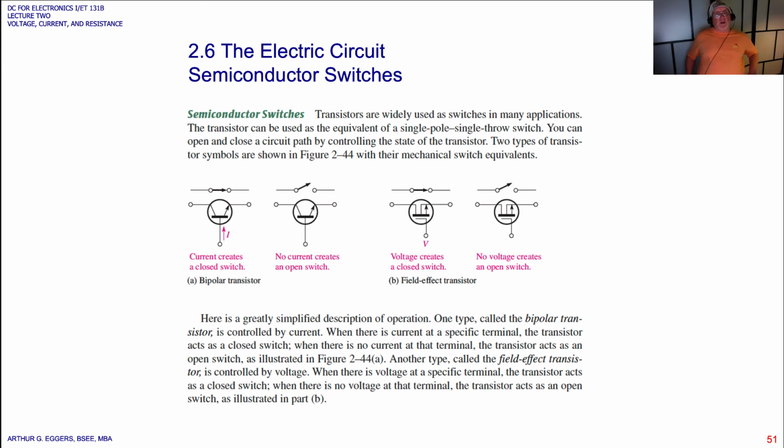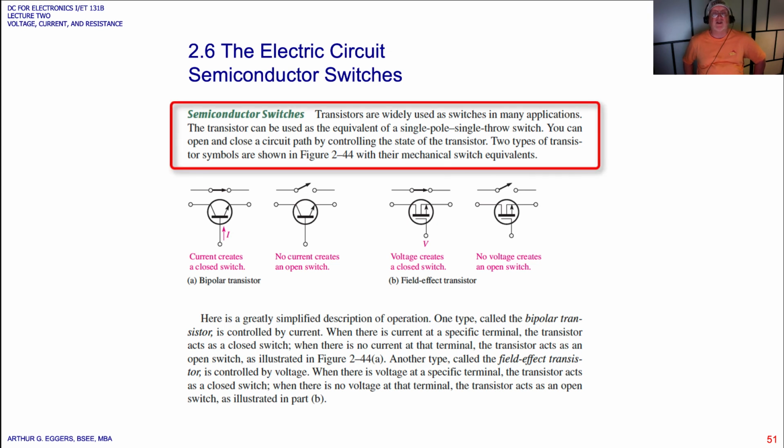The thing that we're going to learn as we go through the courses in your degree program here is something called a semiconductor switch. A semiconductor switch is actually an electronic switch that turns a circuit path on or off depending on how you bias the circuit. This is something you just need to be aware of.